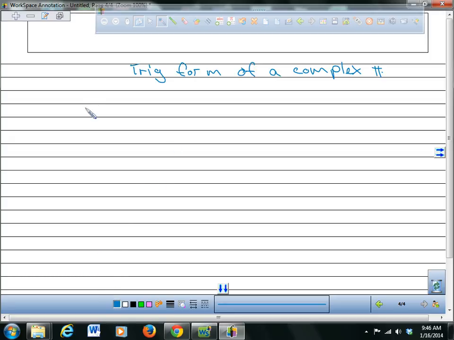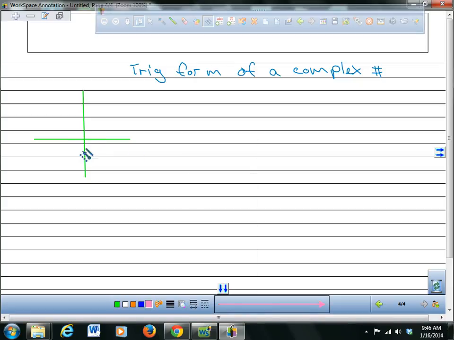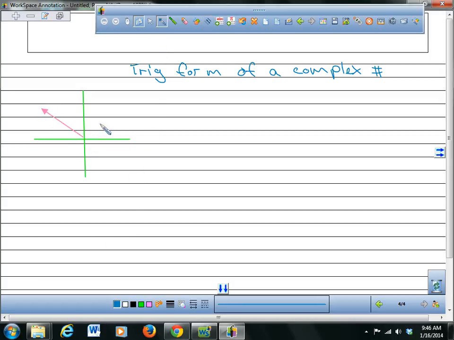If you have some complex number out here in space, let's put an arrow on the end of this one. Some complex number, let's make it pink. Going over this way. This angle here is theta, the angle from the x-axis, just like when we were defining a vector in trigonometric form. And this is r.